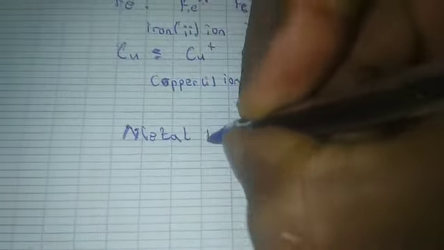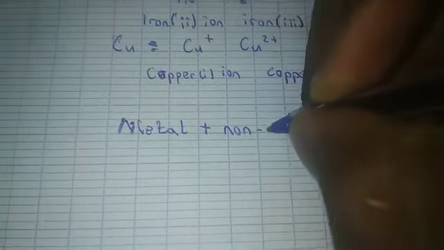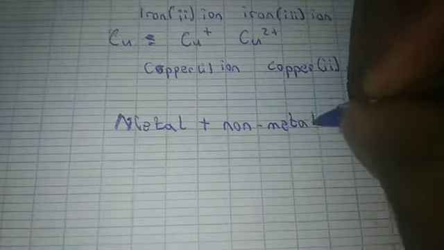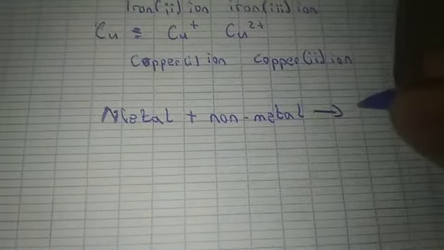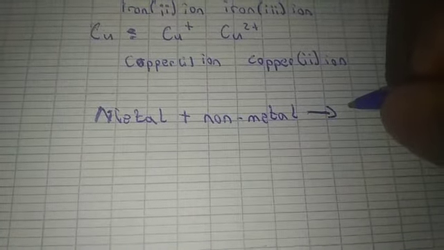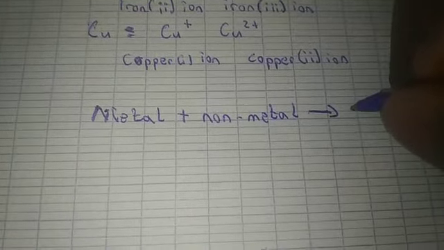So now let's move on to acids. Acids are, most conventionally, made up of a metal and a non-metal. A metal and a non-metal will form a salt.